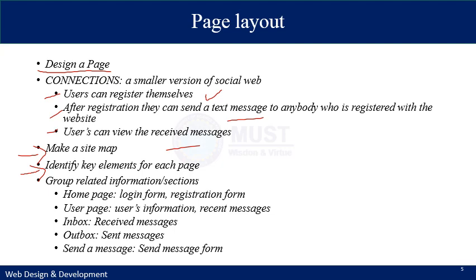For example, for the home page, you can group the information into a login form and a registration form. In the user page, you can add the user's information and recent messages. You can create a button for the inbox, which will contain the received messages, and the outbox will contain the sent messages. And a compose message button will direct you to a form to send a message.